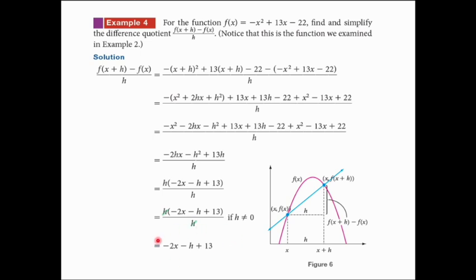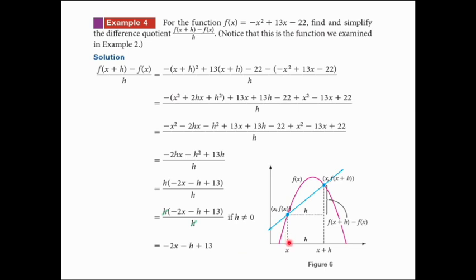So this is my average rate of change between any two values of x. This is generically. So we found the generic average rate of change. So I can plug in any x and any h I want, and I will find the average rate of change for those 2 points.